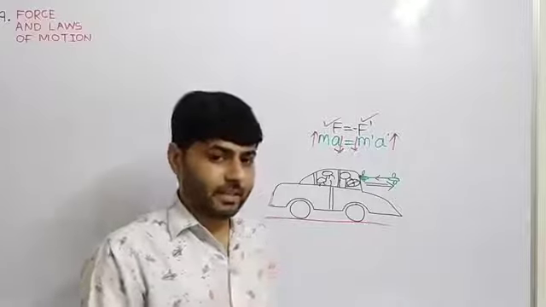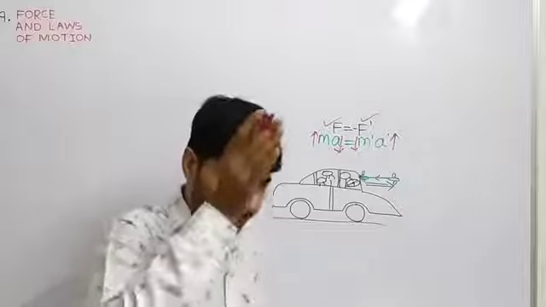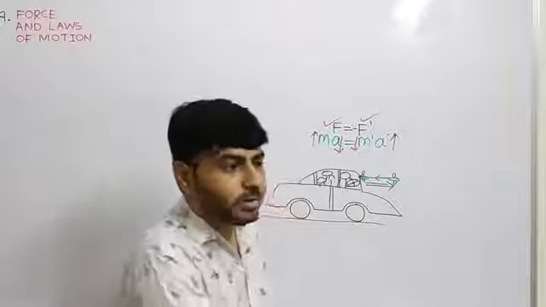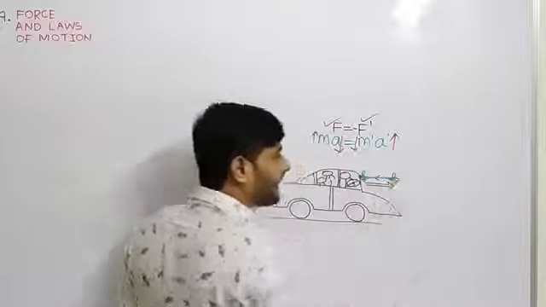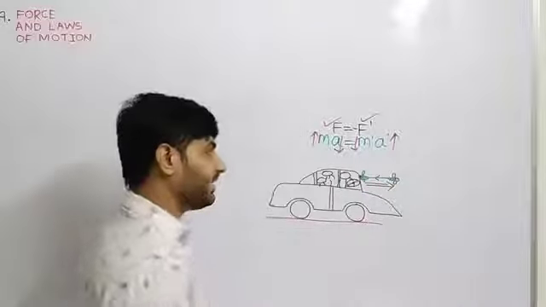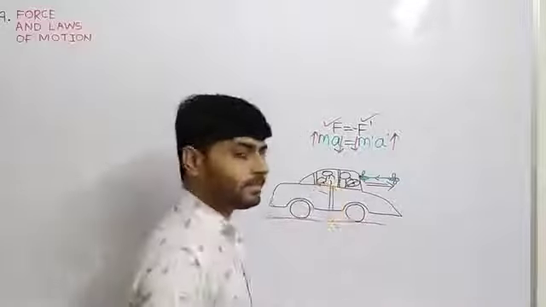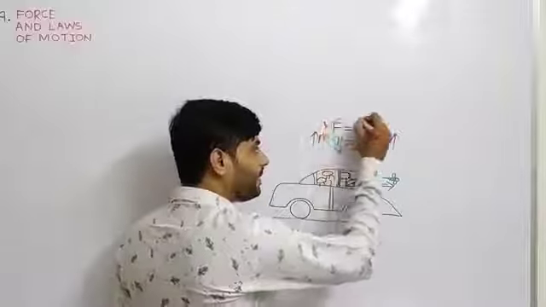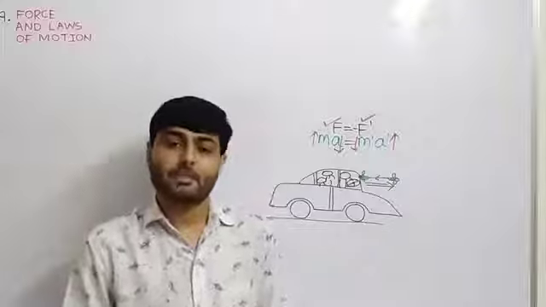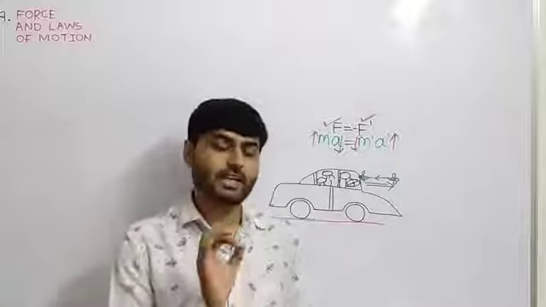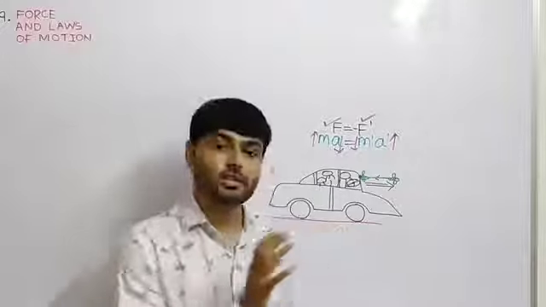It means that if the time of change in velocity is very low, the force will be very high. So the impact on the insect will be very large as compared to the car. Force will be the same. So we can say that Rahul's explanation is correct for this situation.